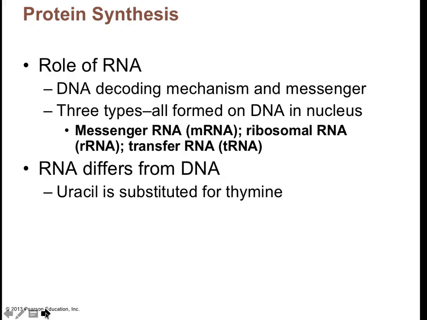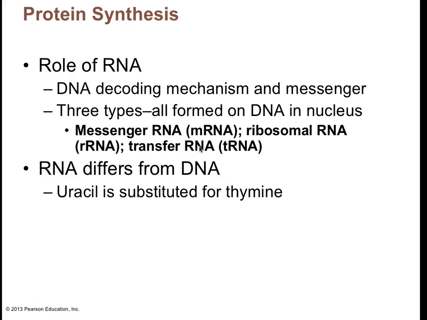All right, now there are actually 3 types of RNA, and you're going to find messenger RNA, which is going to be the copy of the gene, ribosomal RNA, which we've talked about ribosomes before. They bind to the message and ensure the proper reading of the message of the blueprint. And then transfer RNA is going to transfer the amino acid from the cytoplasm to the proper place on the message that's being held by the ribosome.